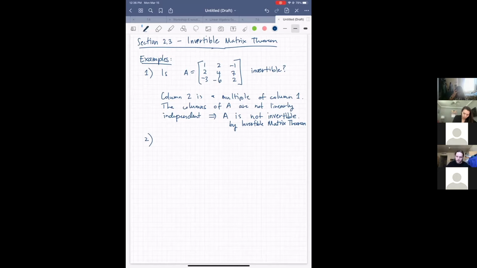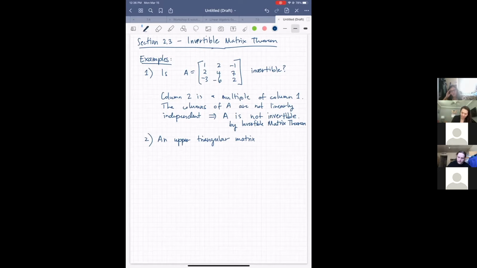So consider an upper triangular matrix. I believe we defined this, but let me go ahead and define it.